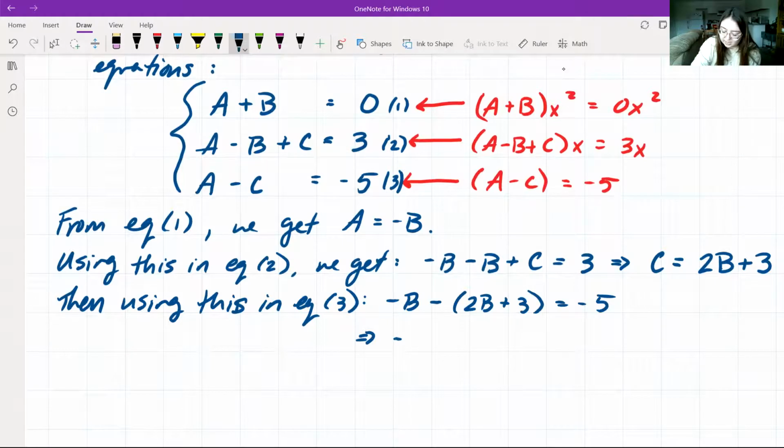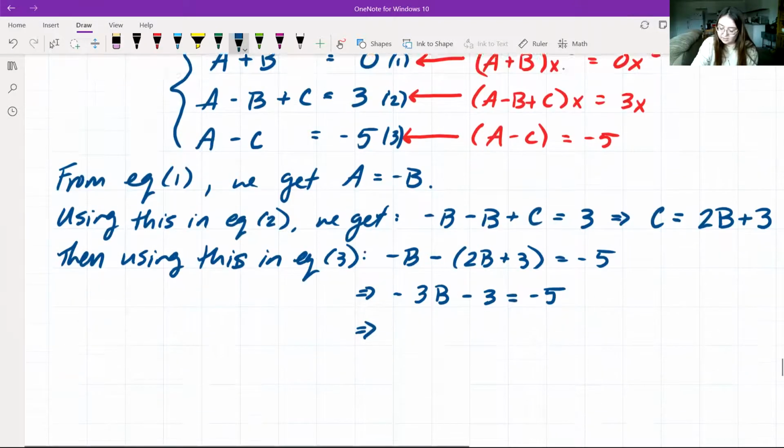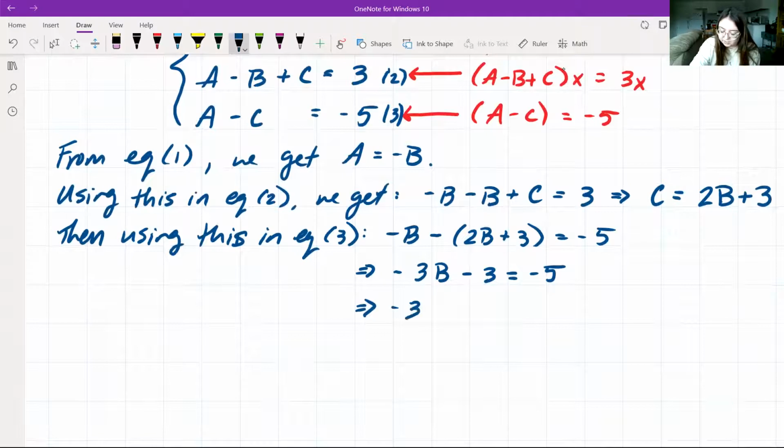Simplifying this gives us negative 3b minus 3 is equal to negative 5, which turns into negative 3b is equal to negative 2. Dividing each side by negative 3, this gives us that b is equal to 2/3.